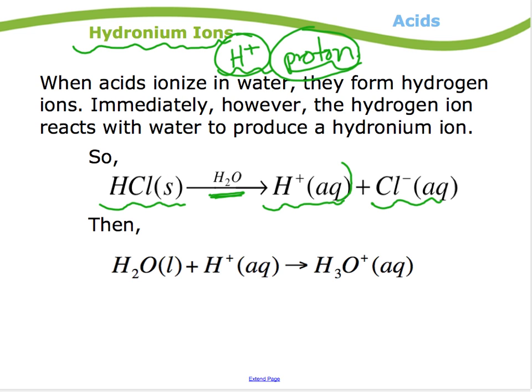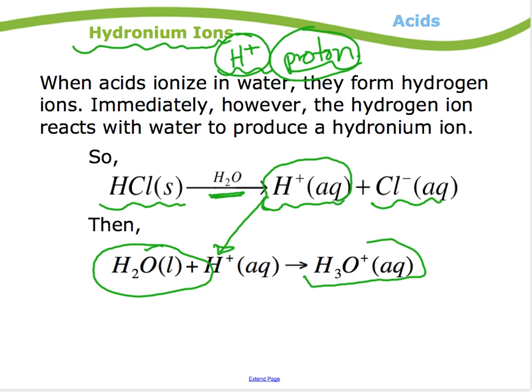But then immediately that proton or that hydrogen ion will react with water. It seems a little funny, but it'll react with water to form, notice there's one hydrogen here and there's two there, so they'll react together to form a compound that has three hydrogens in it. So it'll be H3O+, and that species is known as a hydronium ion.